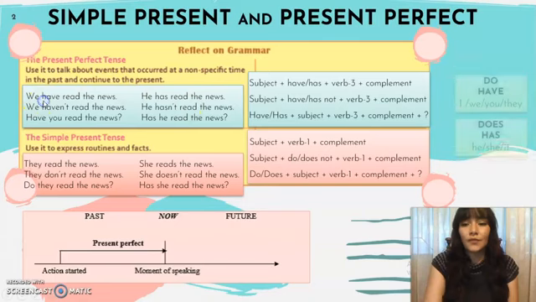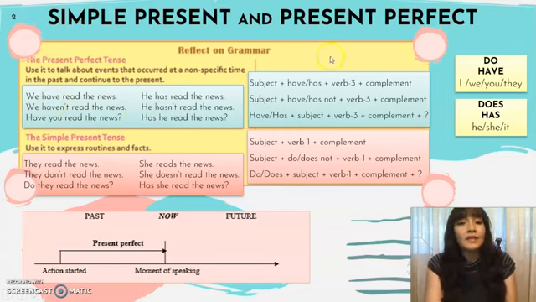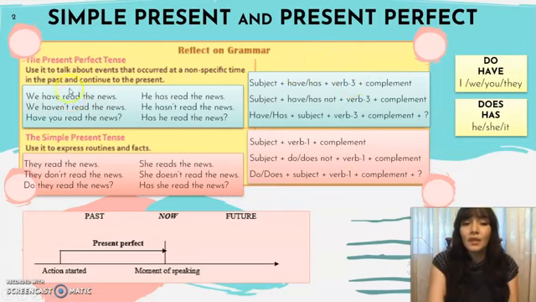So let's start with the first one. We have read the news. We is the subject. Have is the auxiliary verb. Read is the verb in past participle. And the news is the complement.